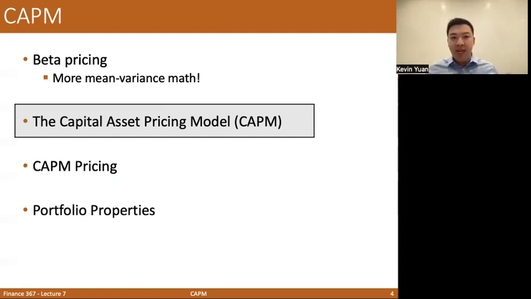And it's worth taking a step back and asking ourselves, well, why does that have to be the case? And it's simply a supply and demand equilibrium argument, right? Because if everyone holds portfolio P, that's the demand side, okay? And we know that the total demand of the economy has to equal the total supply of the economy. And the total supply in this framework is all the assets in this universe, right?